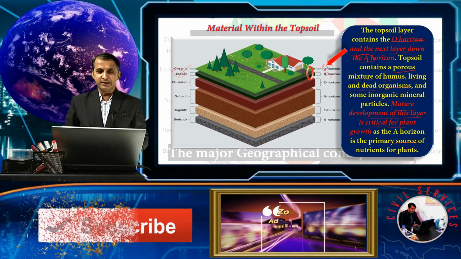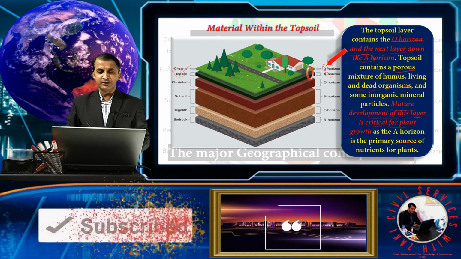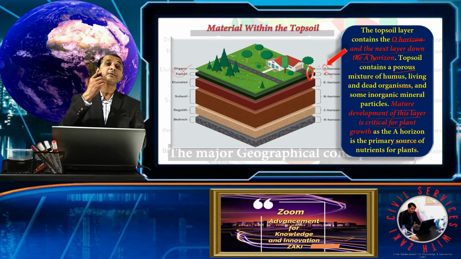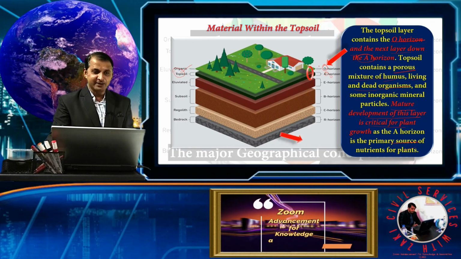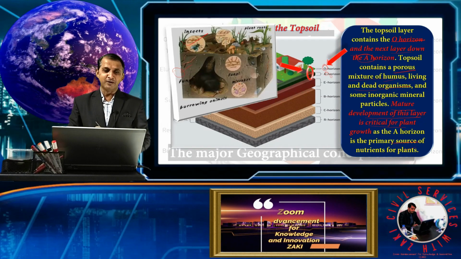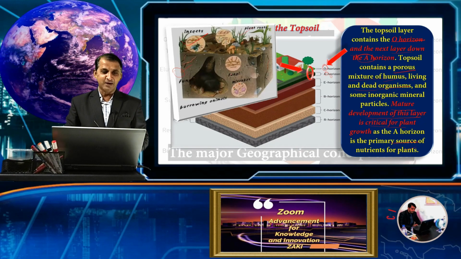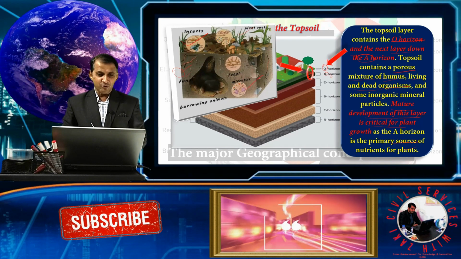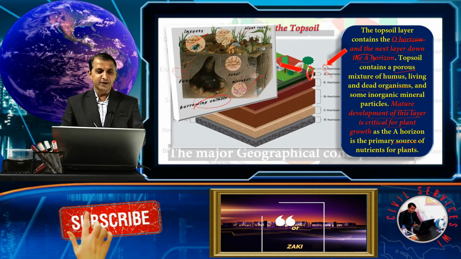See here, these O horizons and A horizons. If we enlarge this area, you can find biological processes like this. You can find insects, plant roots, fungi, microbes, and burrowing animals.